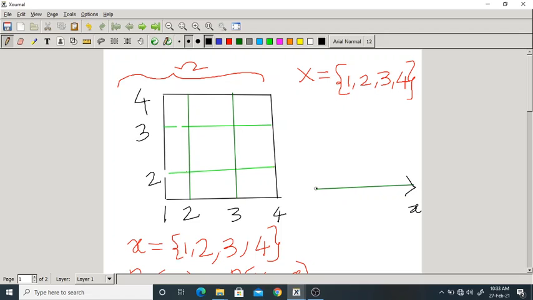Now what are the probabilities you got? 1 by 16. Next, 3 by 16. Next, 5 by 16. Next, 7 by 16. Correct?